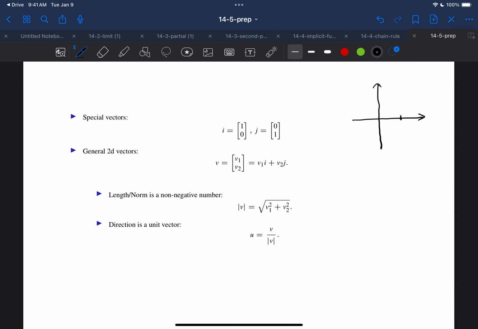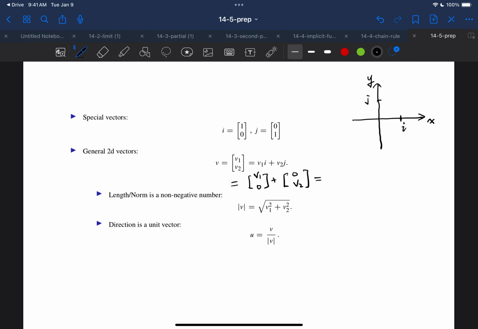So (1, 0) means we take the x coordinate as 1 and the y coordinate as 0. Then the point (1, 0) is here, and we call this i. And this is called j, which is (0, 1). If you have any vector like (v1, v2), then we can write it as (v1, 0) plus (0, v2) by addition.